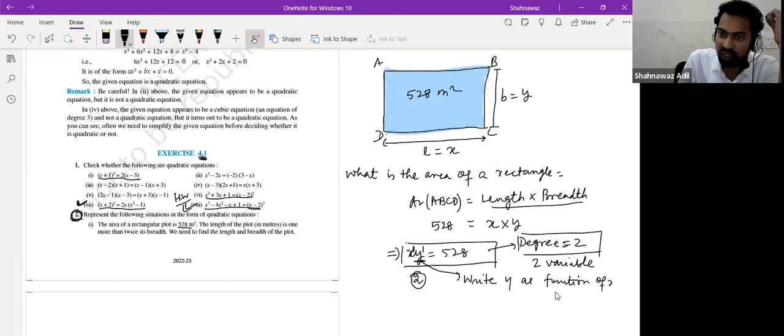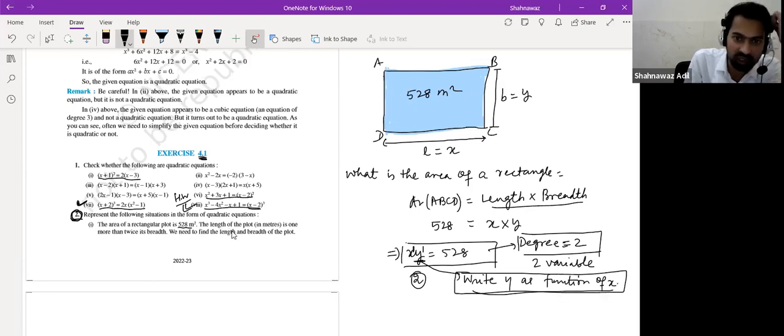So we have to look into this question again. It is written that the length of the plot, which is x, is 1 more than twice its breadth.